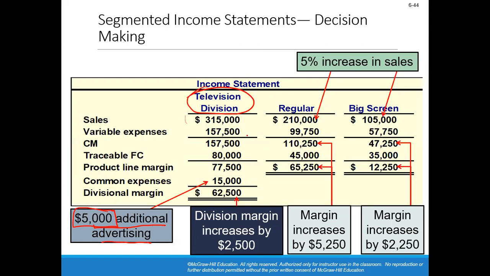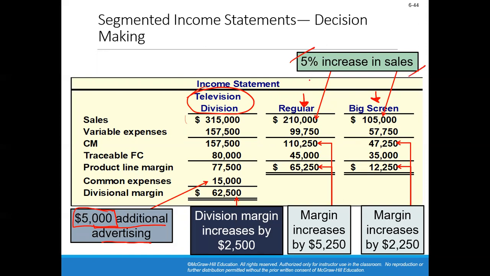Okay. So what happened? It happens that the regular TV sales has increased, and the big screen TV sales has also increased. Okay. So they have reported that this increase is around 5%.